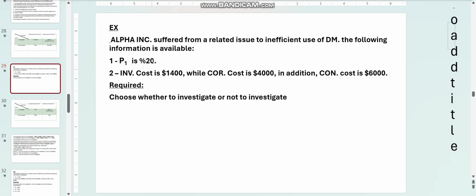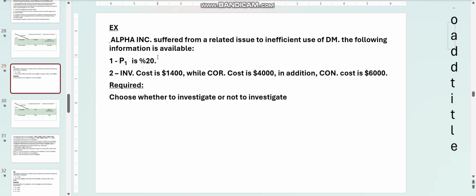So, as an exercise, if the company suffered from an issue related to insufficient use of direct material, the following information is available. P1 is 20%. Remember, P1 refers to probability of cost variance to be under control.